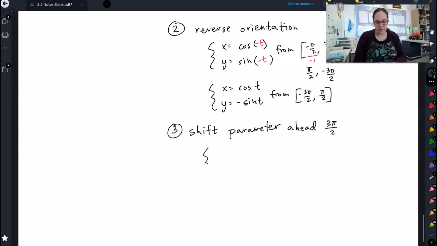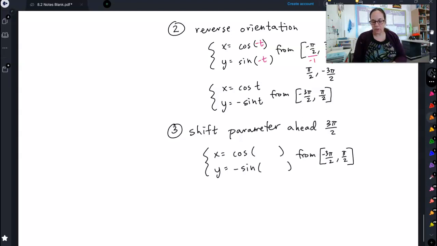Now remember, to shift my parameter ahead, I'm going to do t minus 3pi/2. Replace all my t's with t minus 3pi/2, and that will shift it ahead. And that will shift these ones ahead 3 pi halves.